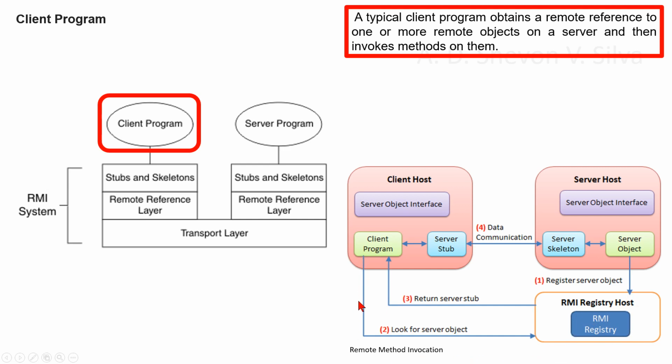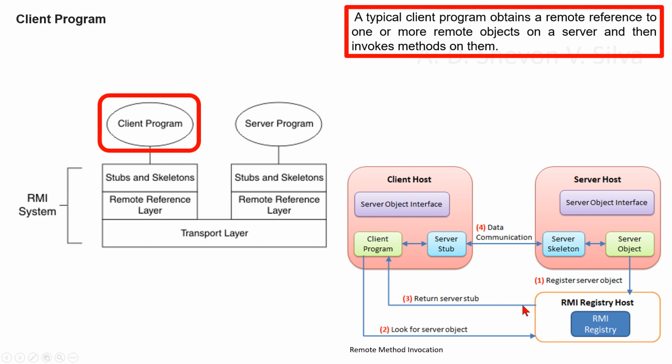Then in step 2, the server object interface, client program, and service stubs are in the client host. This is the client program, and here the client program looks for server objects in the RMI registry host.